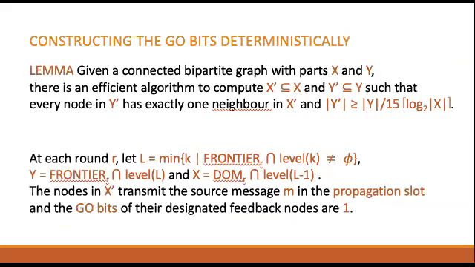To construct the Go bits deterministically, we use the same lemma, but apply it to different sets X and Y. Specifically, in each round R, Y is the set of all uninformed nodes in the smallest level L that contains uninformed nodes, and X is the subset of the nodes in the minimal dominating set for round R that occur in level L-1.